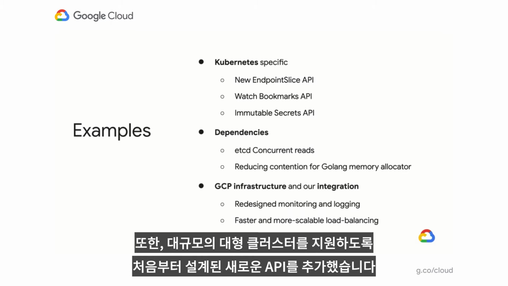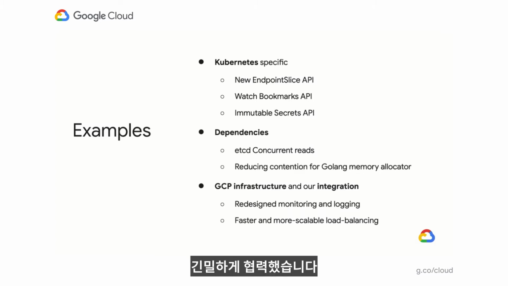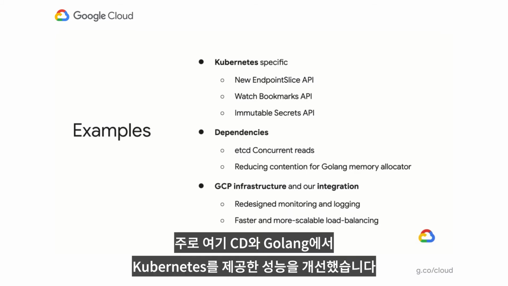Plus, we added new APIs which were designed from the ground up to support large-scale and big clusters. We collaborated very deeply with communities that manage products on which Kubernetes depends, primarily etcd and Golang, to improve the performance that they offer to Kubernetes.